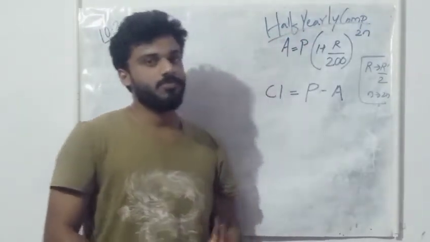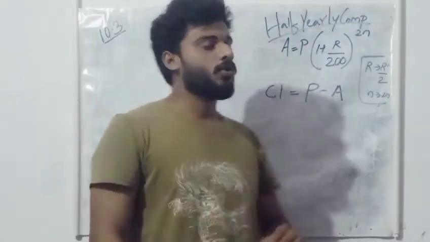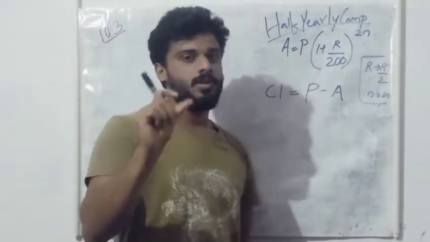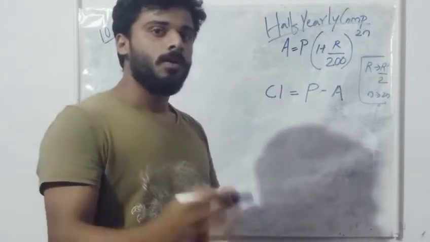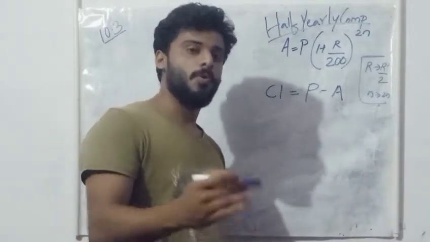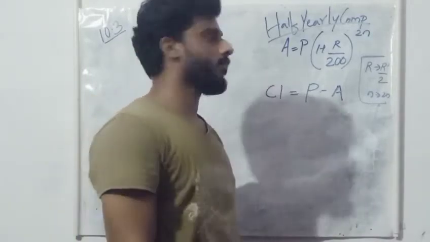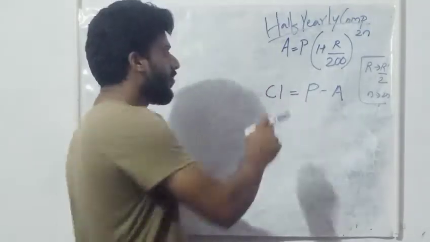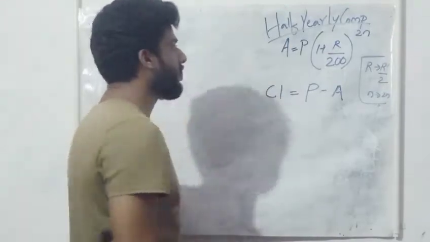Here compound interest is calculated based on half year. So from the earlier equations there are small variations for doing the compound interest problems with half year. So we can go into the equations. This is our earlier equation, but with a slight change.